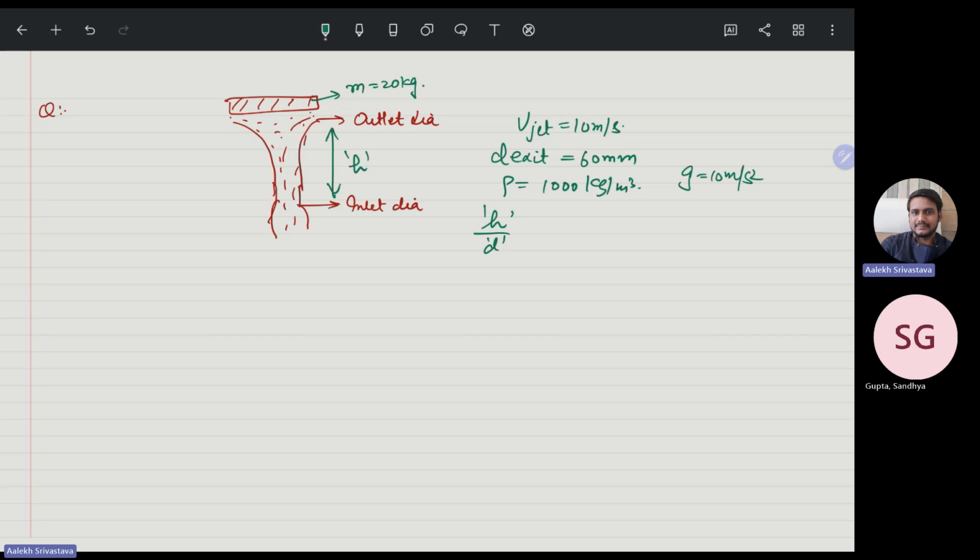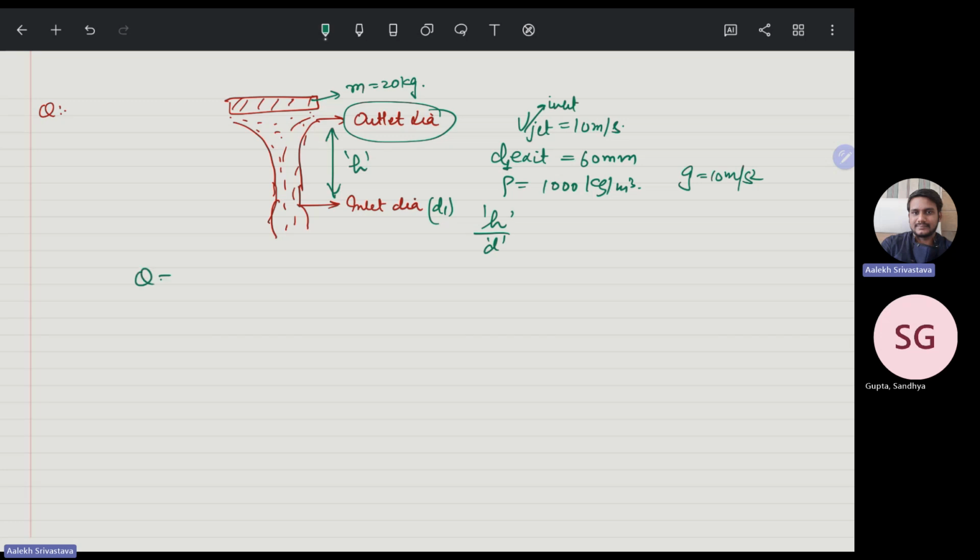Sorry, the nozzle exit diameter is 60 mm, so this is d exit, that is d1. You need to find the outlet diameter, and the inlet velocity is given as 10 meter per second.